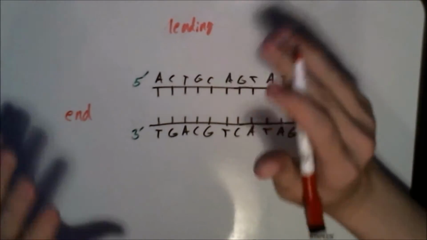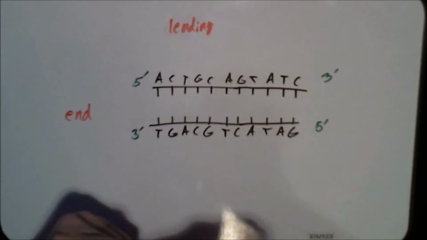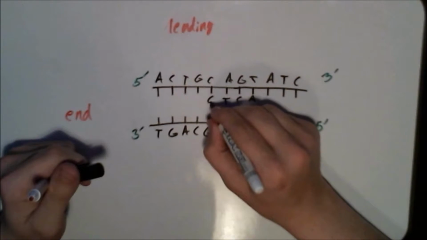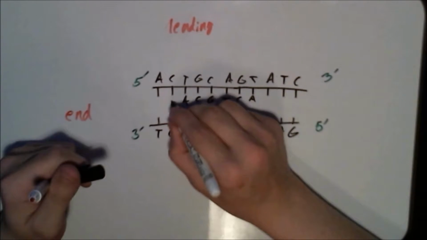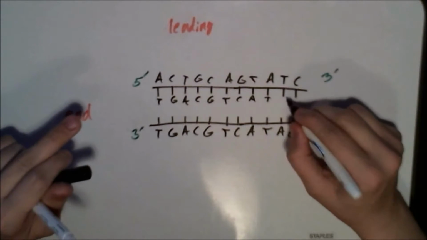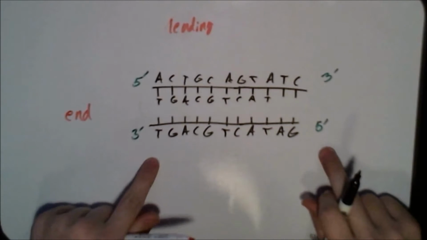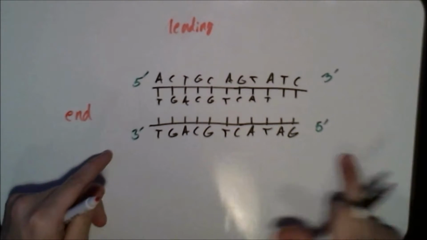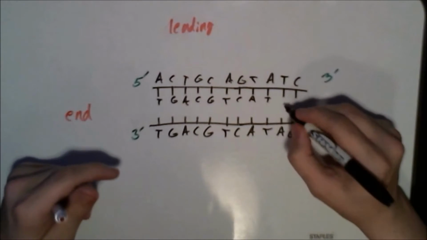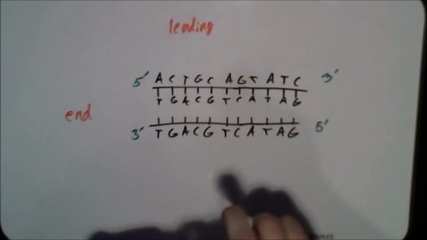It'll replicate normally, so you'll end up with the A, C, T, G, C, A, G, T. This is all fine. However, the problem comes when you're having to go backwards because your DNA wants to replicate 3 to 5. Well, it can't do that. It can't just go in a normal direction. So, here's the problem.